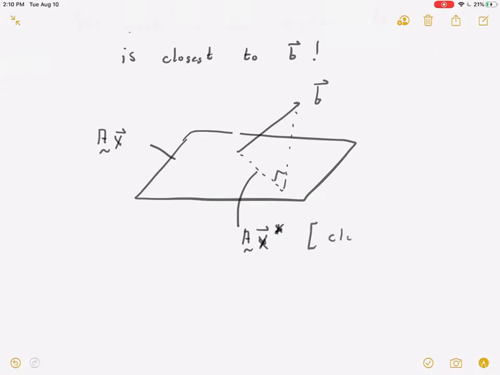So this is closest to B. So in fact, we showed last time that A times X asterisk has to satisfy the following equation.